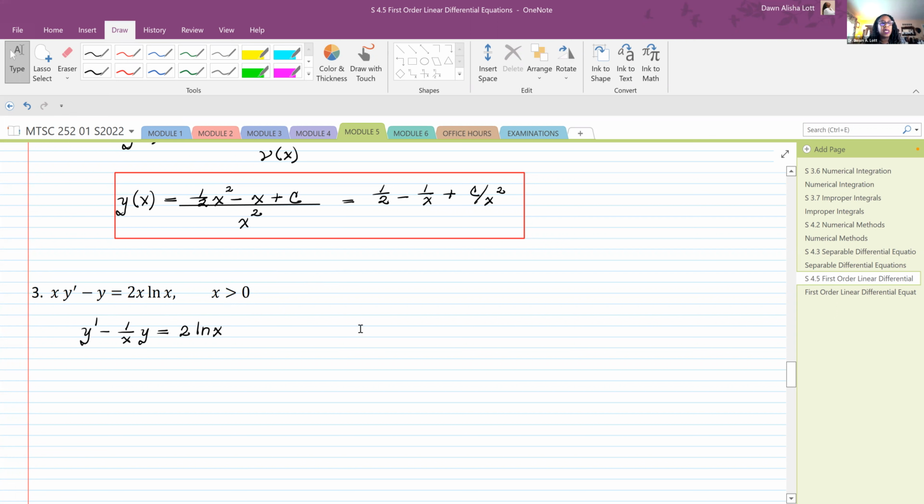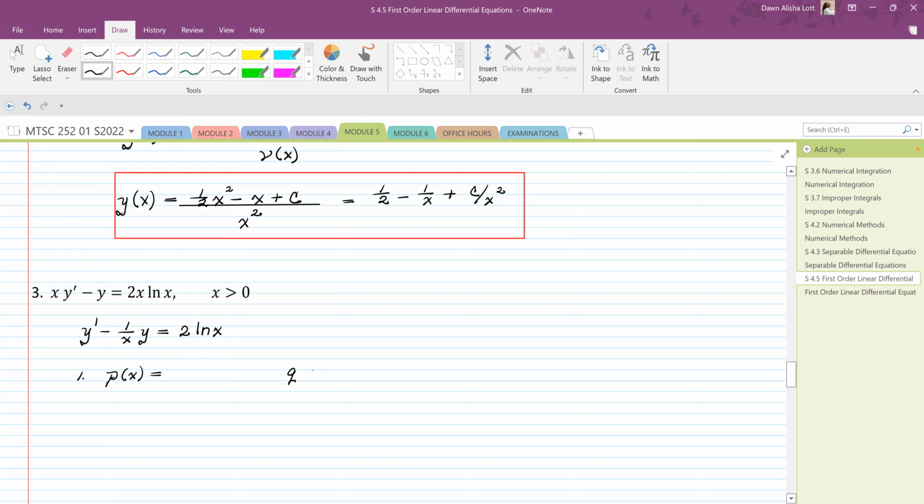So what do we do in step 1? Would it be to find p of x, which would be natural log of x? What's p of x? Okay, so that's going to be our q.